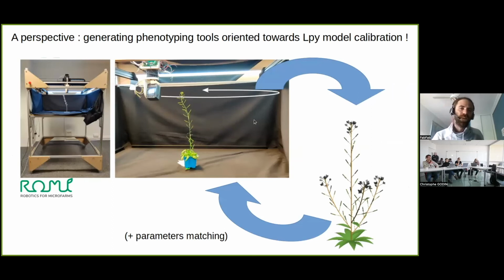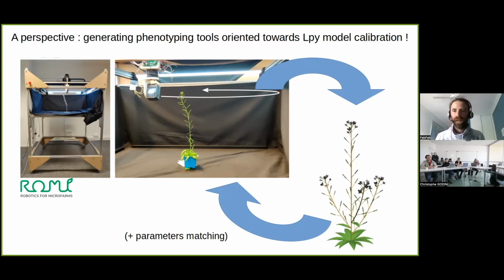So some will be inaccessible, like the dichasium and inflorescence bud, but some others could be quite easy to access from pictures, like 2D pictures, like we are doing. And we could imagine making a kind of tool suite that would ease the task of modelers to extract important parameters that will make their model more realistic.